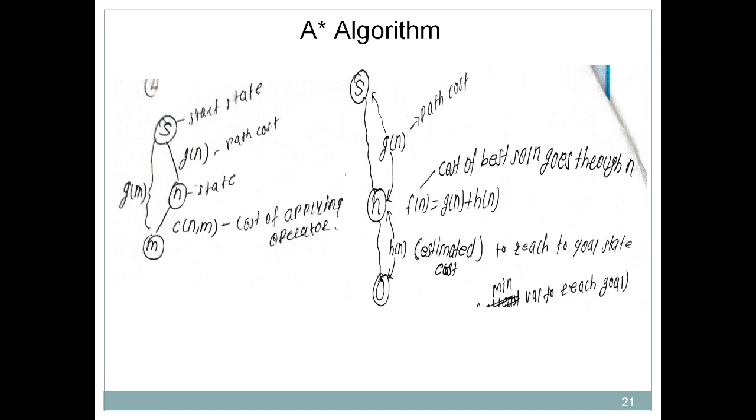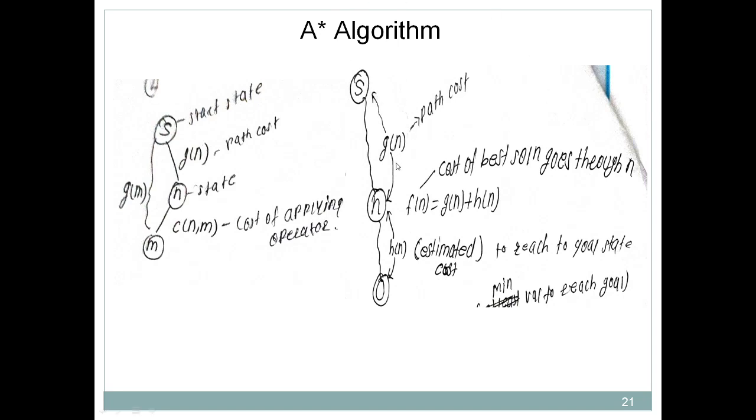We need to understand what we mean by F value, H value, and G value. Now let's consider S is the starting state, this one is the goal state, and N is an intermediate state. So between the starting state and the goal state we have n number of intermediate states available.